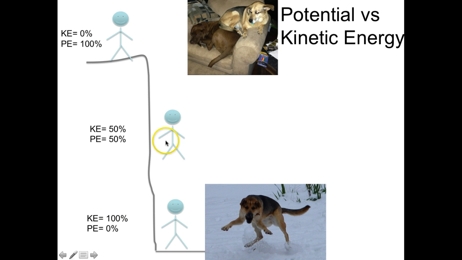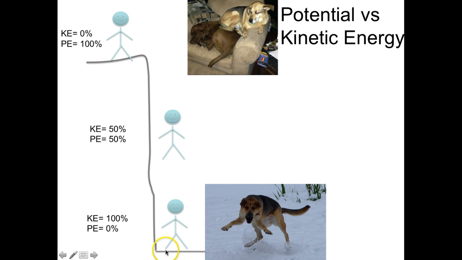If you look after the fall, about halfway down the cliff, the man who probably would no longer be smiling now has half potential energy. He still has the ability to fall the remainder of the way, and half kinetic energy. Half of that energy has been converted from potential to the energy of motion.